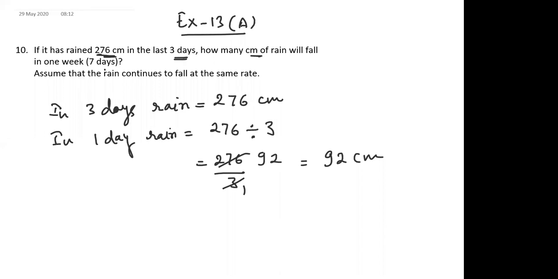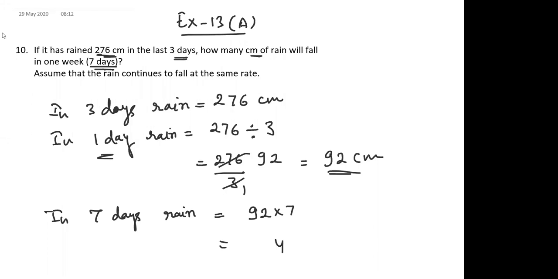Okay, 92 centimeters. Now what are you going to do? This is the rain for 1 day, so you have to find rain in 7 days. So in 7 days, rain is equal to 92 into 7. 7 twos are 14, 1 carry, 7 nines are 63, plus 1, 64.